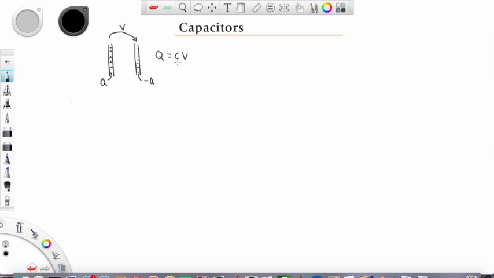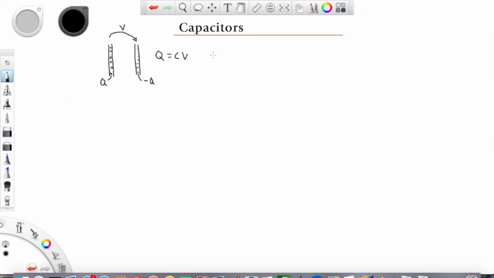It depends on the physical parameters of the capacitor, the shape and size of the plates, or the configuration in general, and what material is between the plates. It doesn't necessarily have to be empty or air. It can be some kind of dielectric.